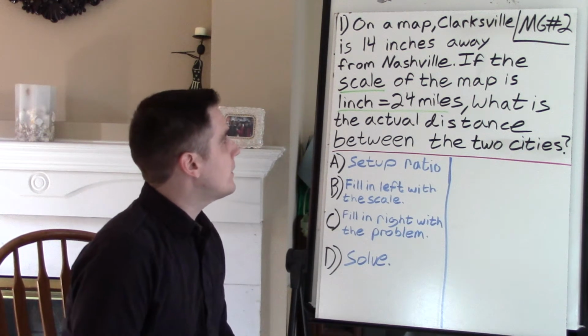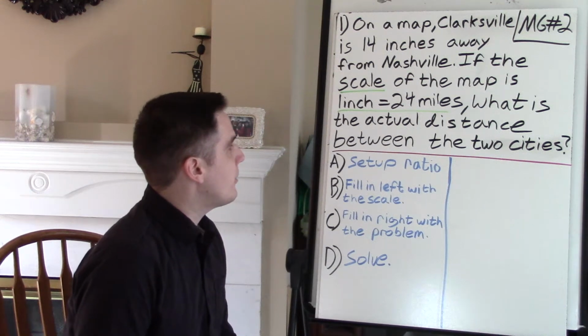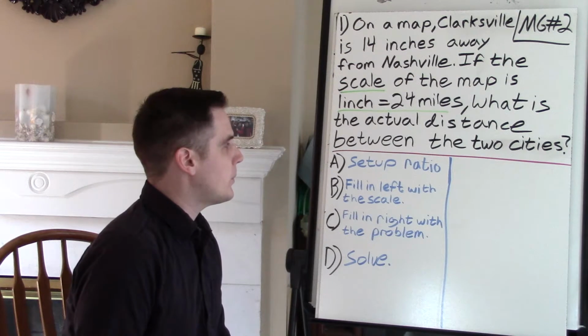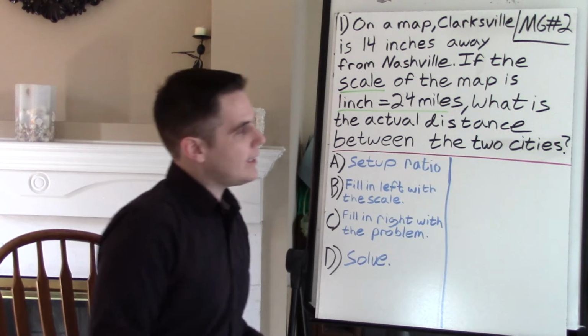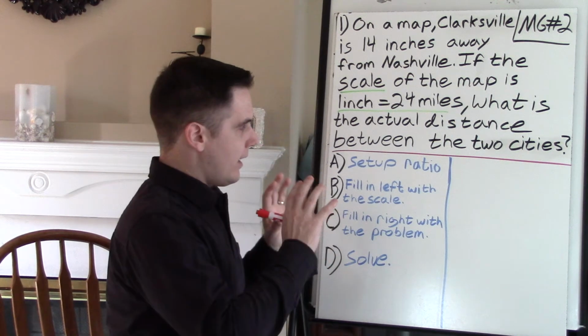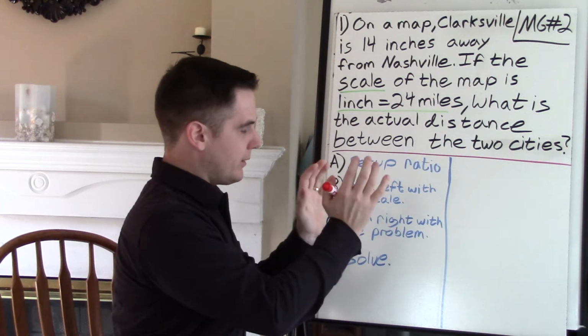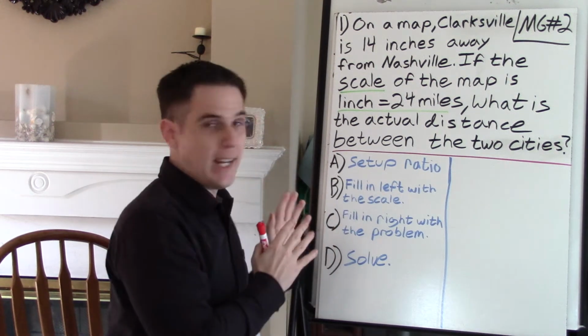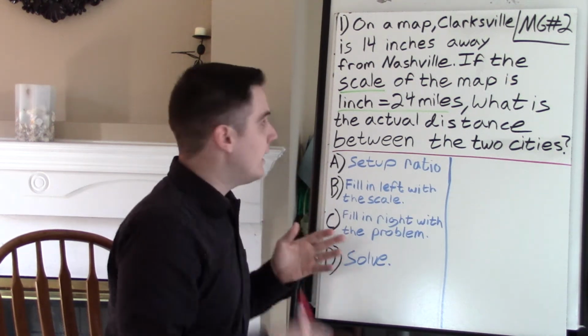On a map, Clarksville is 14 inches away from Nashville. If the scale of the map is 1 inch equals 24 miles, what is the actual distance between the two cities? Now here they don't have a clearly identifiable set of scale numbers like we did before with the parentheses, but it's still there. You just got to dig for it.